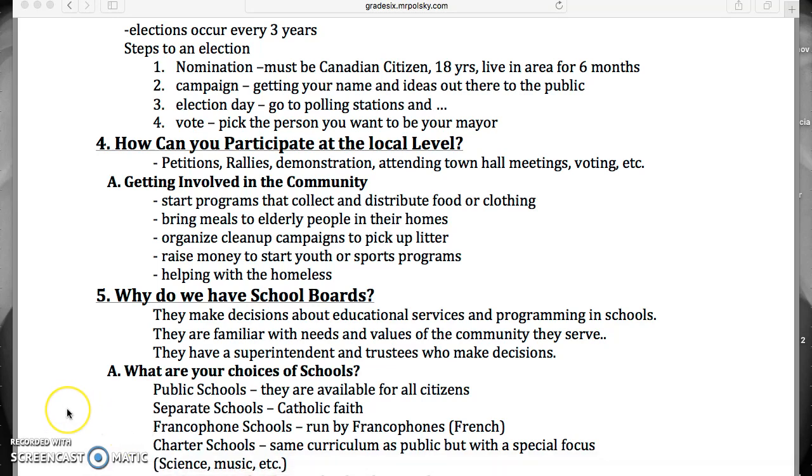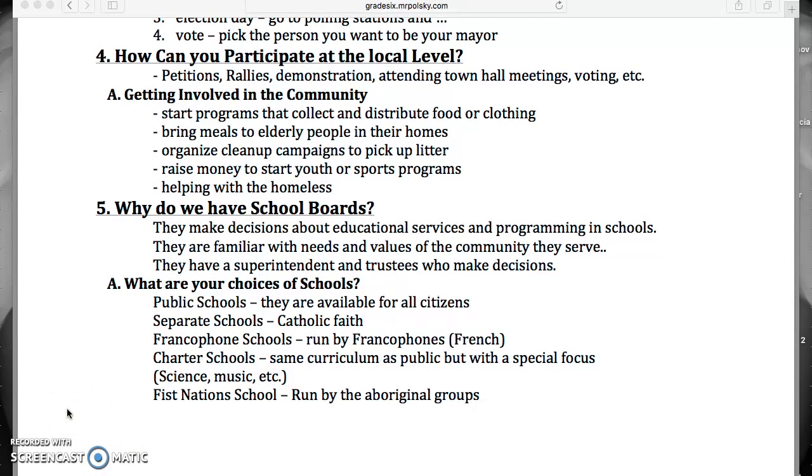The last part that we discussed is school boards. So why do we have school boards? When I say school board, I'm talking about those trustees that we elect. They make decisions about educational services and programming in schools. So they're kind of that person who provides a link between citizens and the people to our schools and our government.